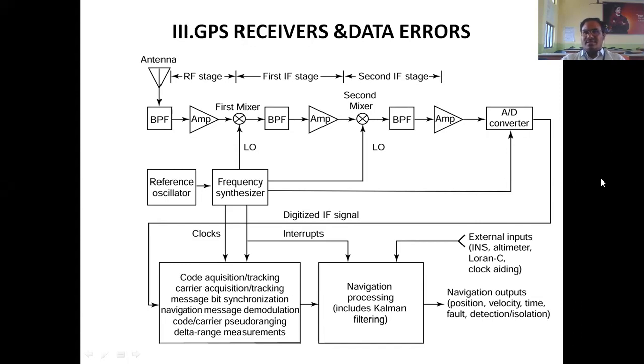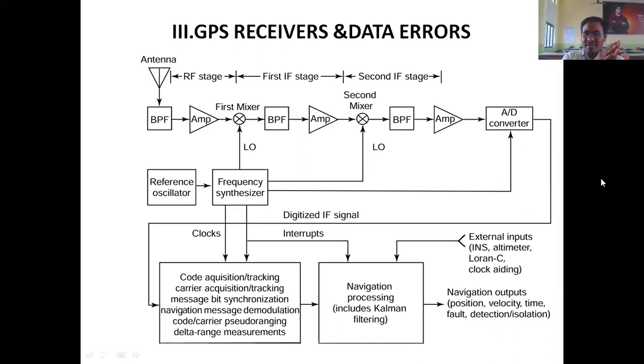So the various tasks performed by the RF stage: the signal is received through the receiving antenna, then it is passed through the band pass filter, and it is pre-amplified. Because when the signal has traveled a wide range of distance, the signal power level will get degraded, so it needs to be amplified. And the signal travels at a higher frequency.